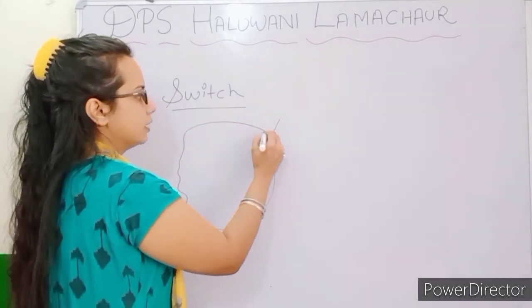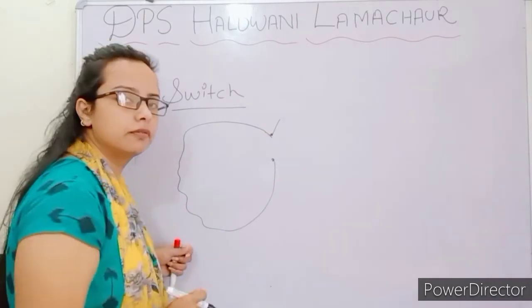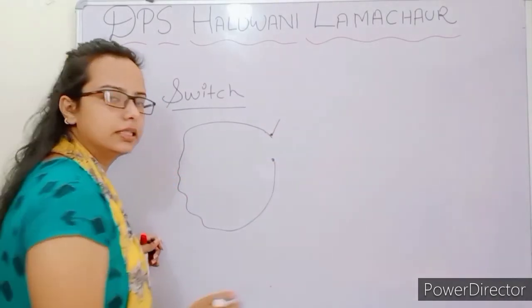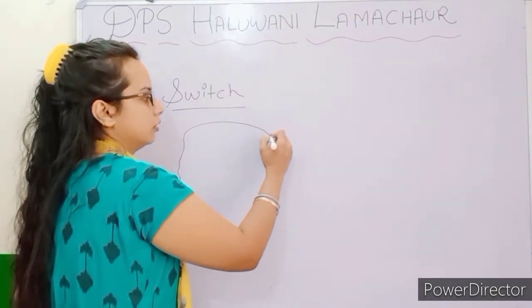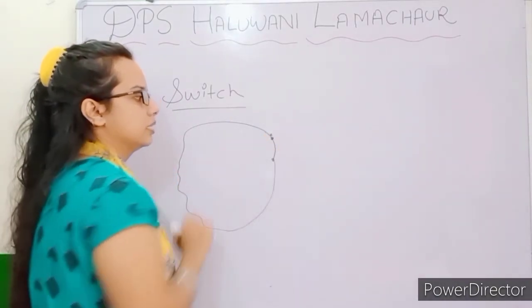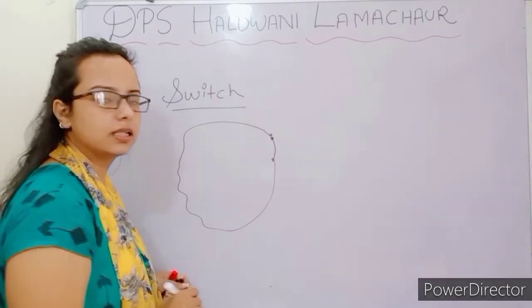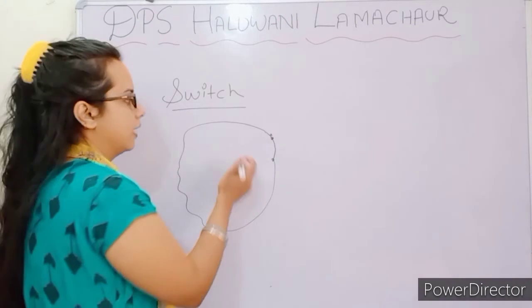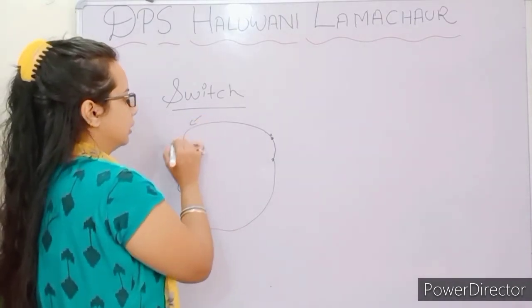When we switch off, this key will get open, and when we switch on, this key will get closed, and hence your circuit is complete, and from here the current can flow.